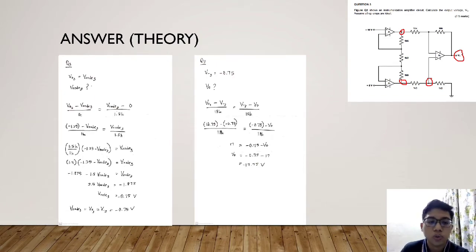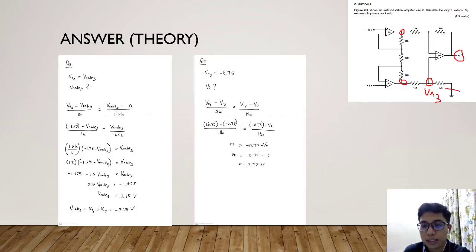So how? V plus 3 is equal to V naught 3. I label this V naught 3. How do we find it? Just apply the formula. V output 2 that we got in the previous step minus V naught 3 over 1k is equal to V naught 3 minus 0 over 1.5k. Where does the 0 come from?